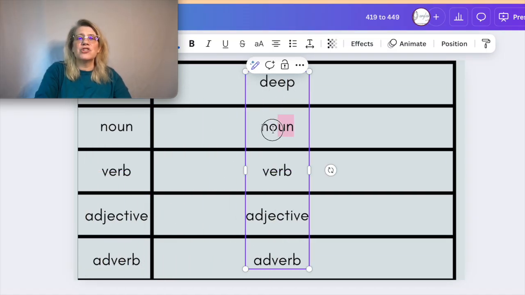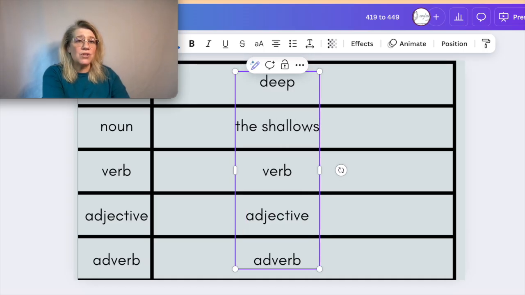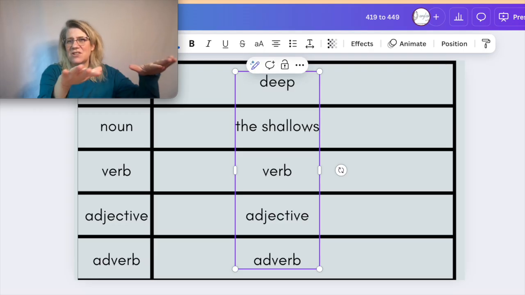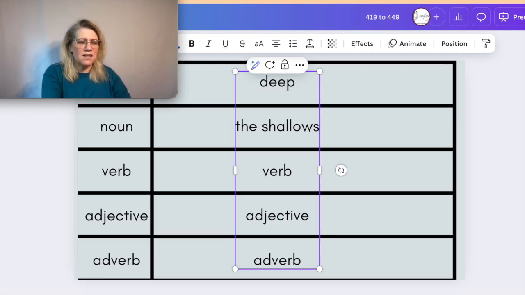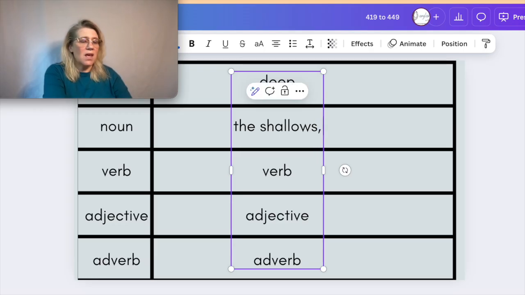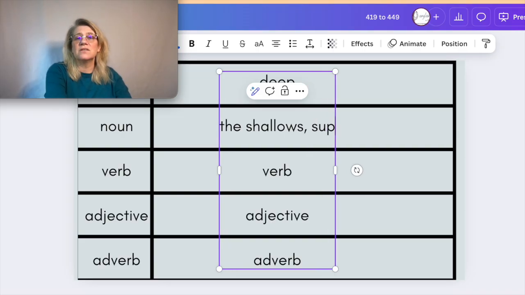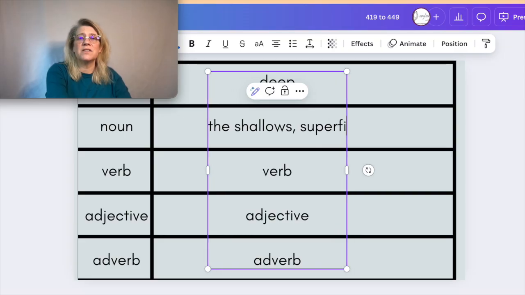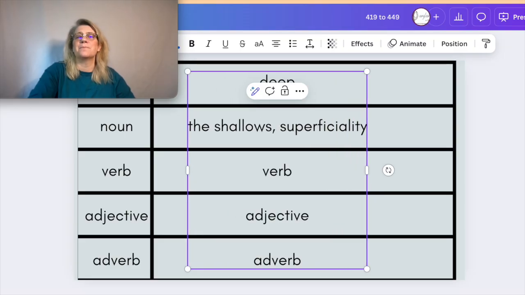The noun for shallow is the shallows. The shallows is just talking about water, nothing else. If you're talking about a person who is shallow, and you want to talk about that characteristic, you would use superficiality.